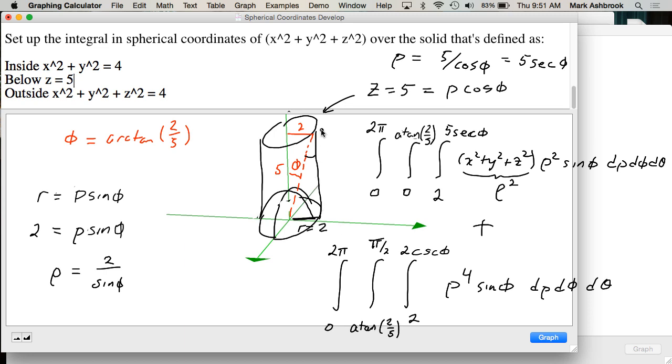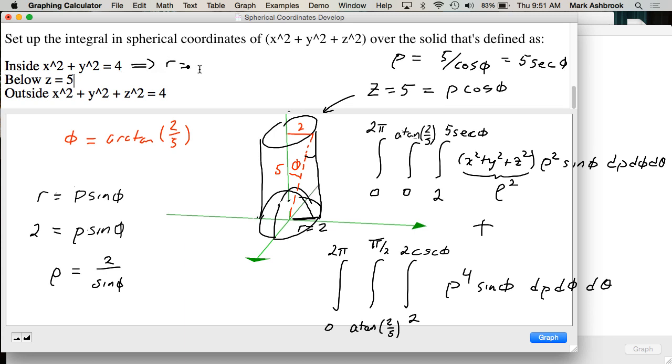You're going to leave the cylinder, right? The arrow is going to enter the solid through the sphere, and that's the 2, and it's going to leave the solid through the cylinder, and that cylinder is defined as r equals 2. If it's the cylinder x squared plus y squared equals 4, that's just r equals 2.